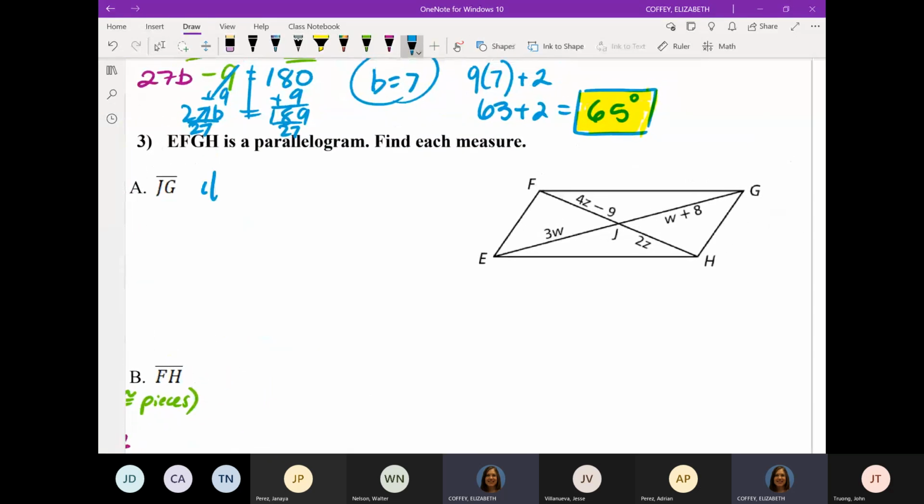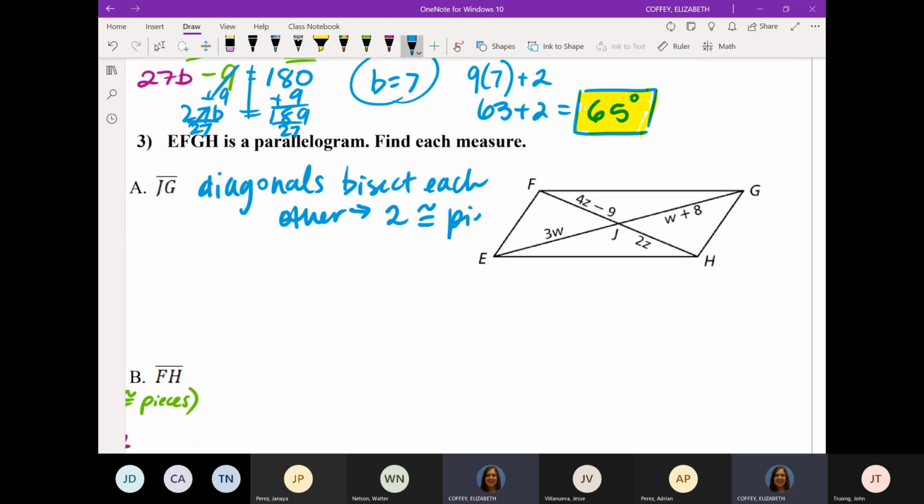The only property that talks about diagonals is the last one there. So diagonals bisect each other. Remember when we talked about this a little while ago, we said that means it cuts it into two congruent pieces.